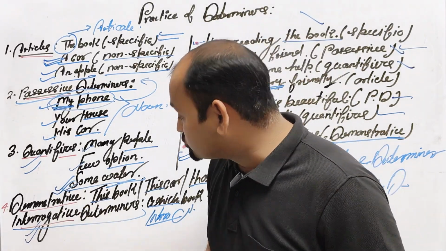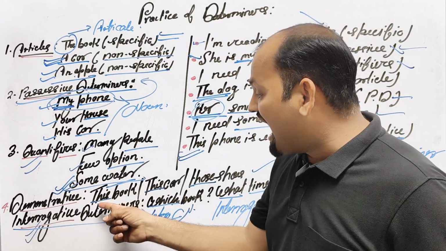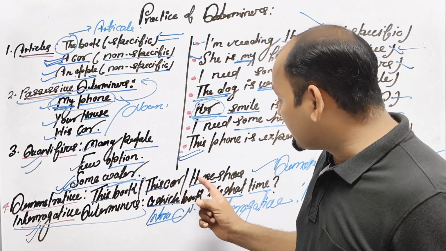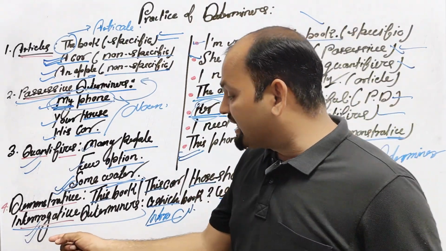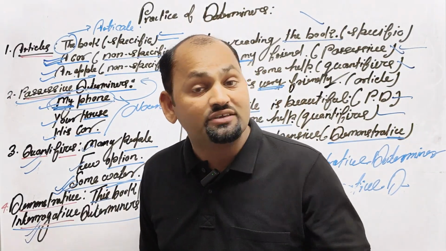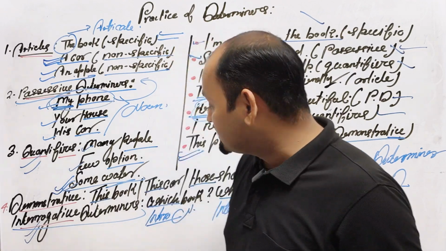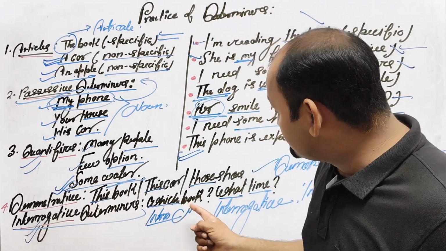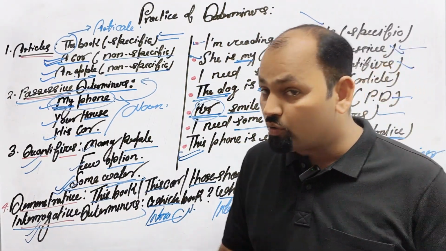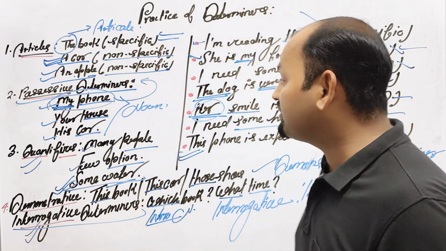Next, demonstratives: I told you this book, this car and those shoes. Interrogative determiners are most relevant, don't forget them: we can call which book and what time. Okay, are you understanding the sense of that?